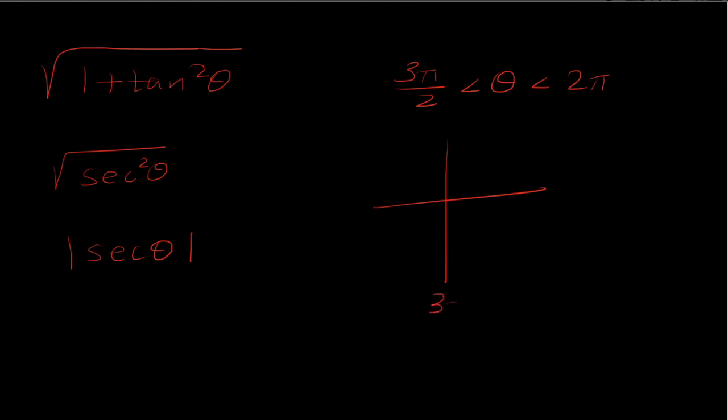So the angle is between 3 pi over 2 and 2 pi. That means we're in the fourth quadrant. And in the fourth quadrant, only cosine is positive. So cosine and secant, actually. Okay, so that means we can remove the absolute values.